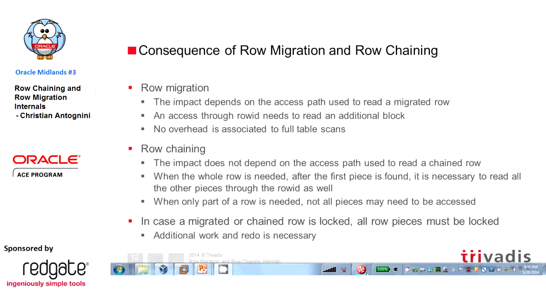So if you have an index range scan, basically you double the data access on the table for every migrated row. So if you have many migrated rows, you will see many more logical, maybe also physical reads because of that.